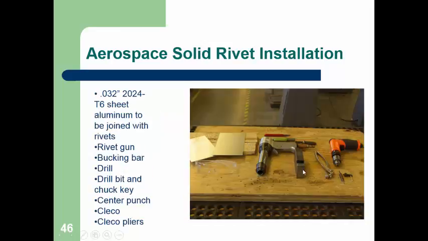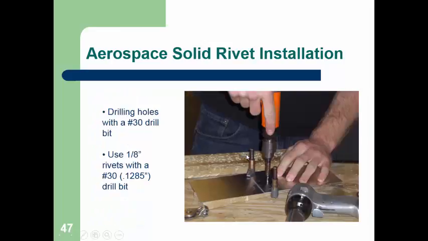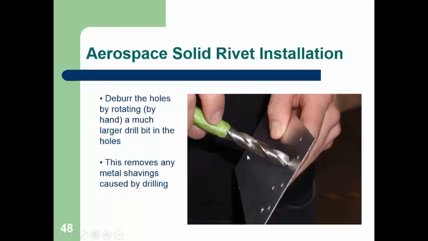This is a bucking bar, by the way, for you guys who haven't driven rivets before. Drilling holes. There's a lot of science or a lot of art in aerospace around drilling holes.